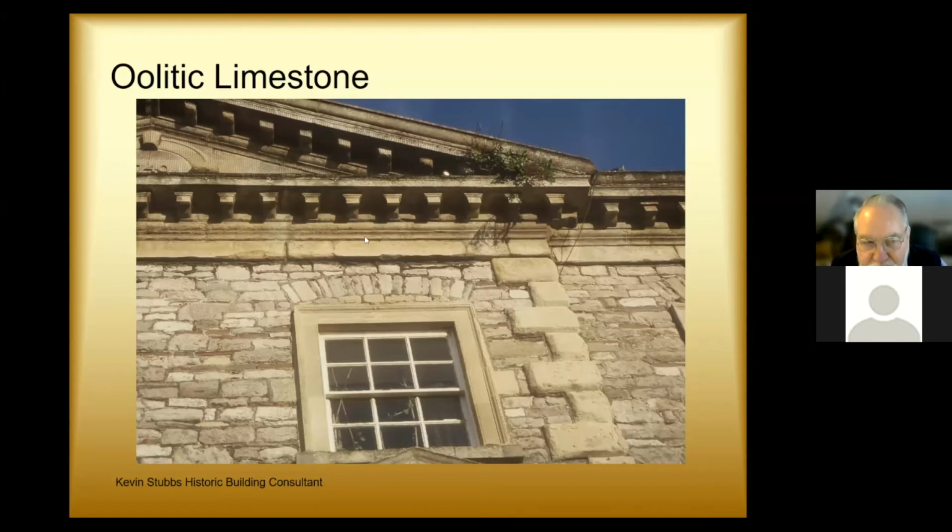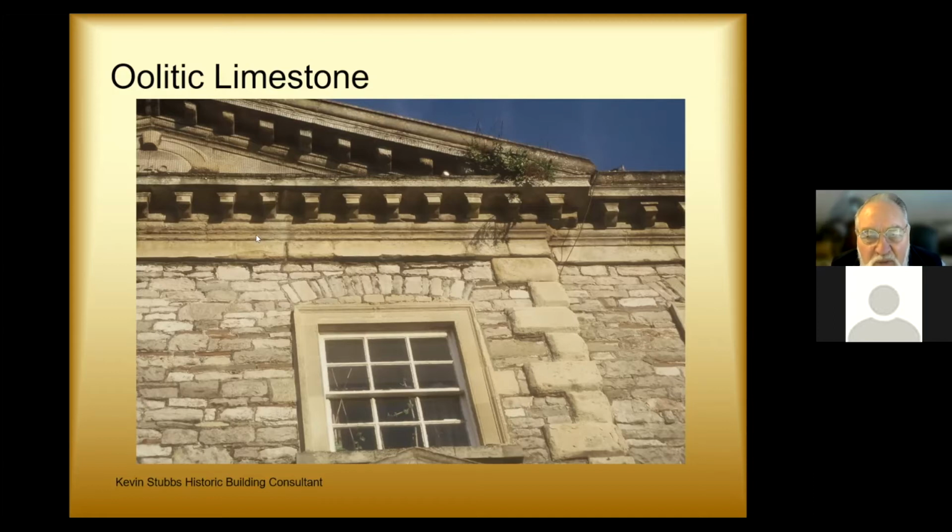The oolite bit relates to the shape of the remains of the little creatures that create the limestone when it was deposited in the beds of lakes and standing water. The most popular oolitic limestone, of course, is Bath stone. And when you look at that under the microscope, you've got these very fine little spheres of material.